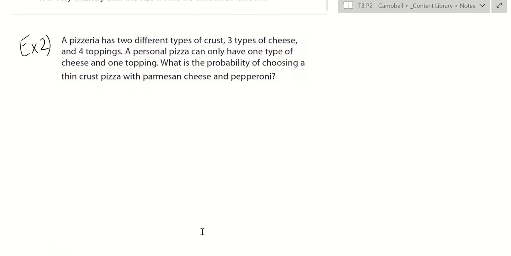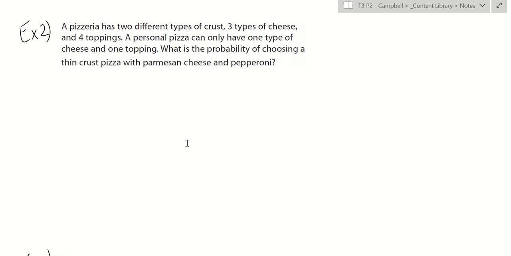Let's scroll down to our example 2. It says a pizzeria has 2 different types of crust, 3 types of cheese, and 4 toppings. A personal pizza can only have 1 type of cheese and 1 topping. What is the probability of choosing a thin crust pizza with Parmesan cheese and pepperoni? Well, we should first find our total outcomes.